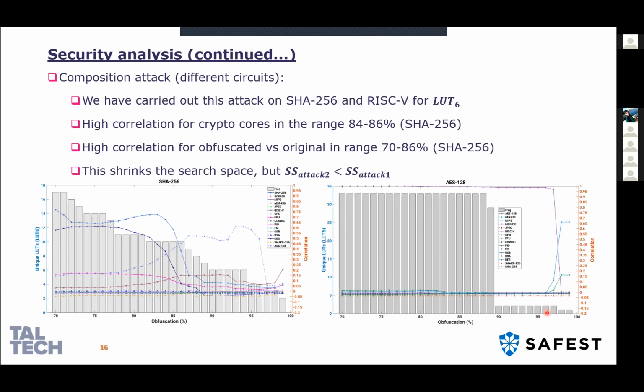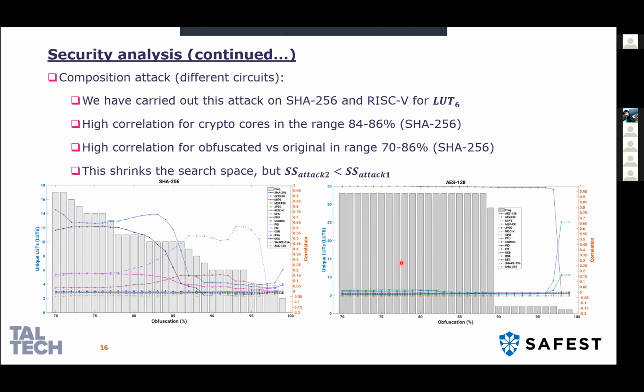Moreover, the range 97 to 100 has some level of correlation from crypto cores. And if we decrease, going from 94 towards 0, then there is no correlation for any design. There is no correlation between the crypto cores, and there is some correlation from 82 to 0.